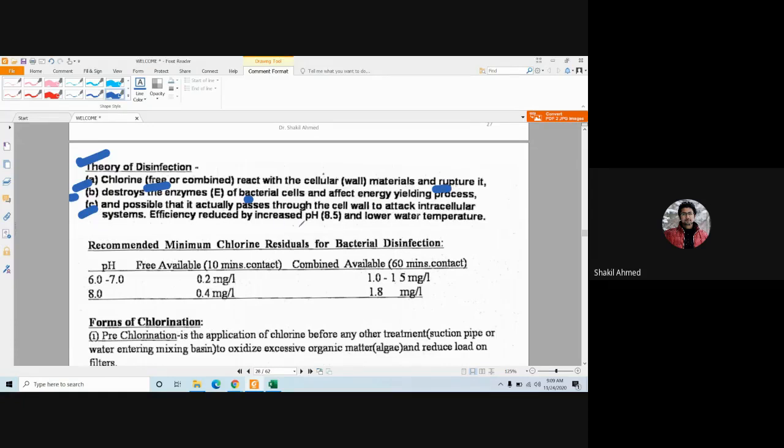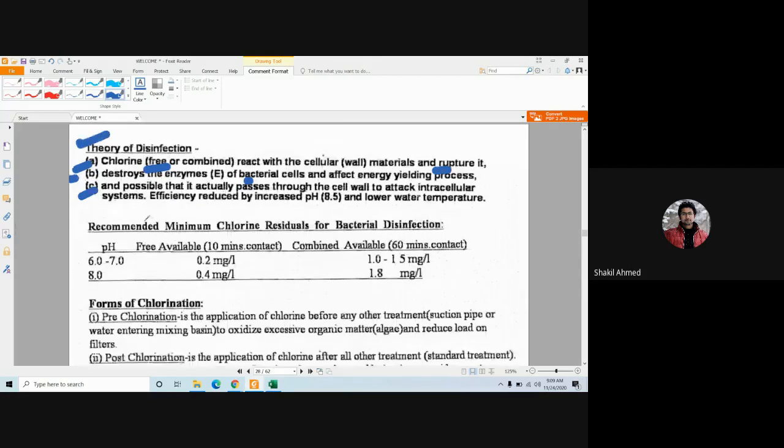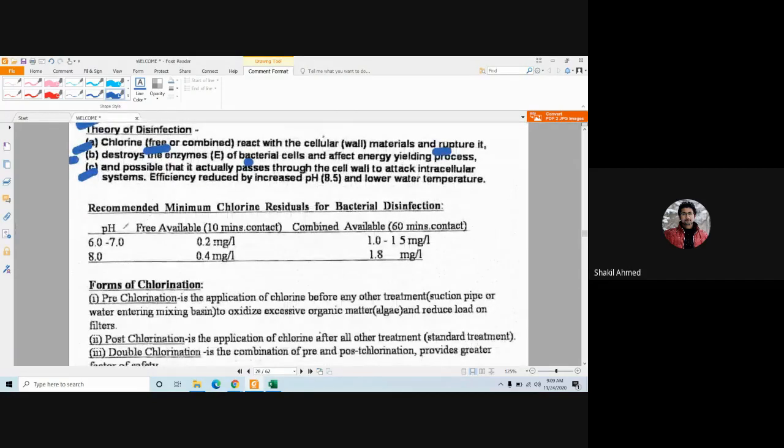The efficiency of the disinfection process depends on the pH as well as the temperature. If you increase the pH to 8.5, your disinfection process is better.